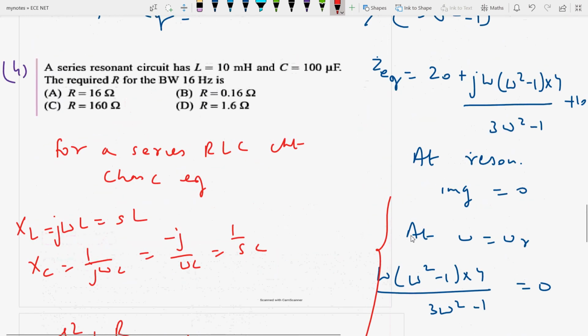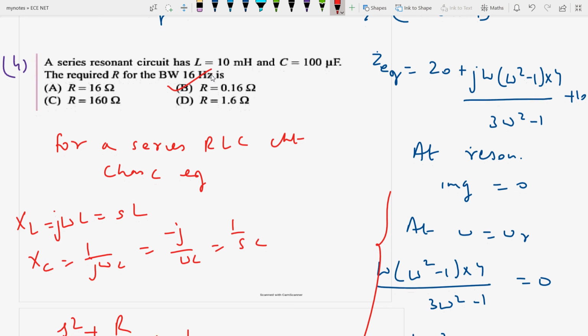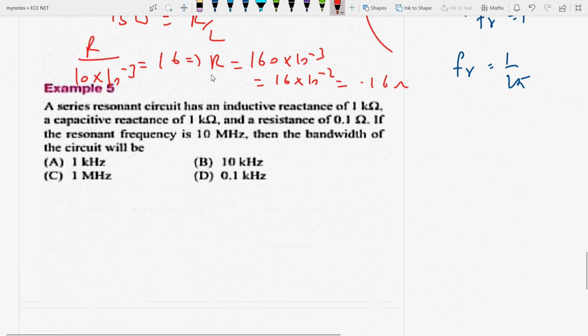So that is your answer. You know that the selectivity of a resonating circuit is defined by the ratio of resonant frequency to the bandwidth of the circuit. Remember.